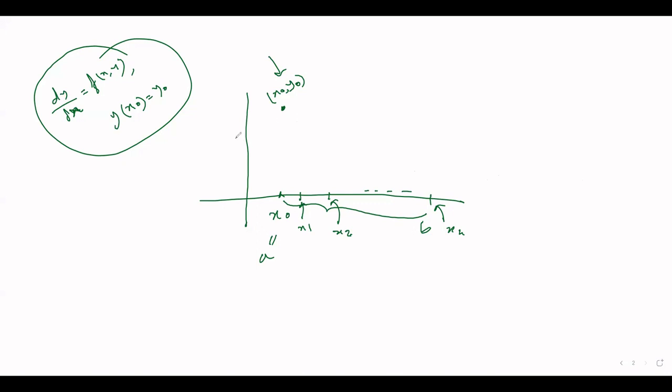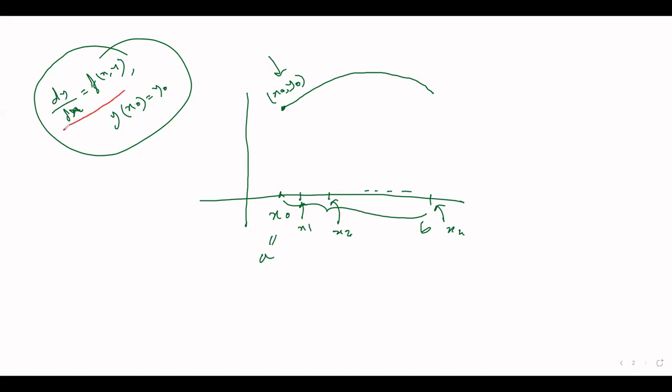Now, say the original curve in this interval looks like this. But there is no way we can find that, of course. So here is how we manage the approximate values. We don't know the value of y at x1, but we have another tool.